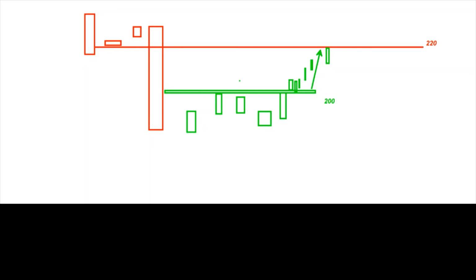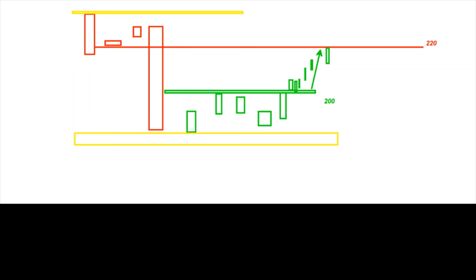You can also use Fibonacci. It could be that if I would have measured from here to here, this being the bottom, that maybe this is the 88.7, and this down here was the 61.8.